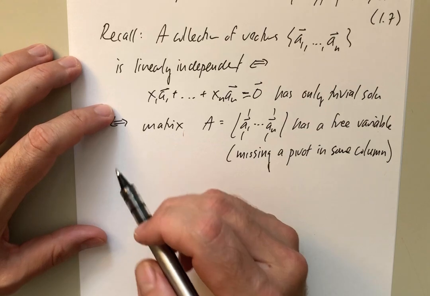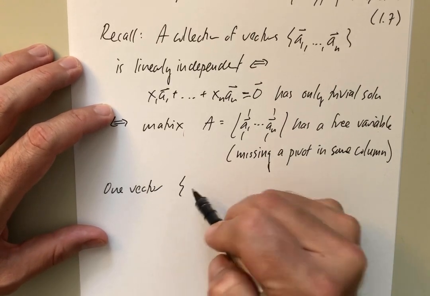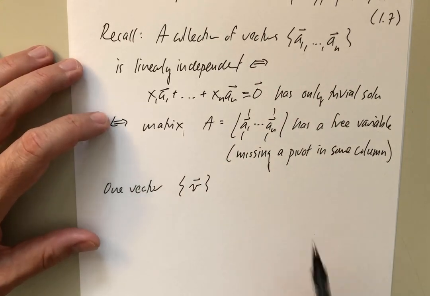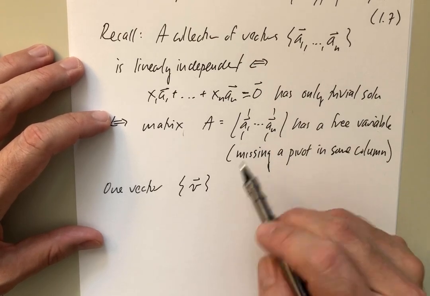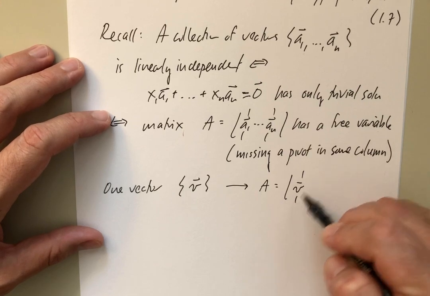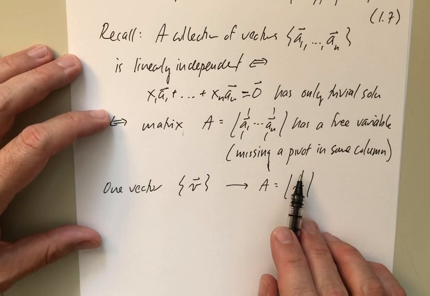So what if you had just one vector in the collection, say v? Well, notice that if you make the matrix that consists of just that one column, then that thing will have a pivot if and only if there's some non-zero entry in the vector.